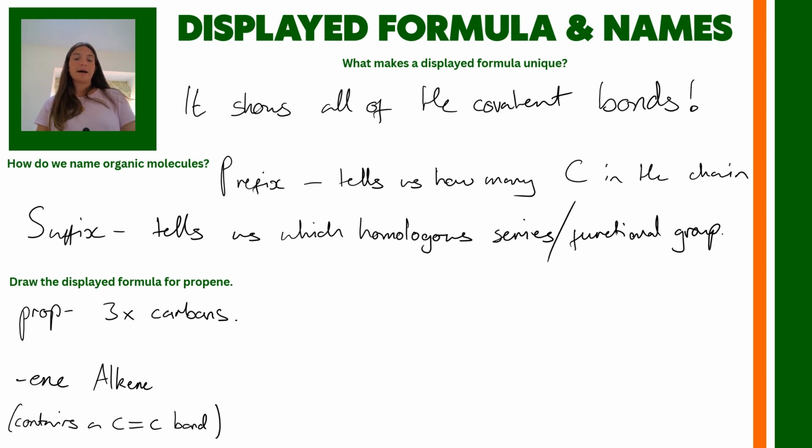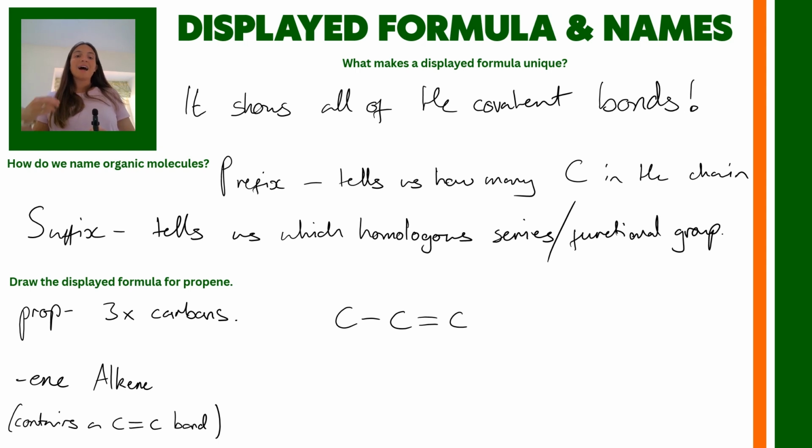So it contains that. So I start to build up this displayed formula picture now, and I'm going to start with the 3 carbons that I know are there, and I know because I belong to this functional group with this double covalent bond, I know that 2 of these carbons have this double covalent bond in between them.